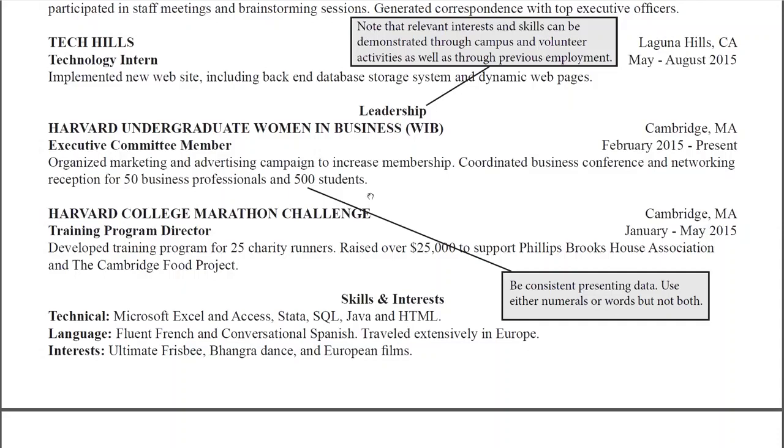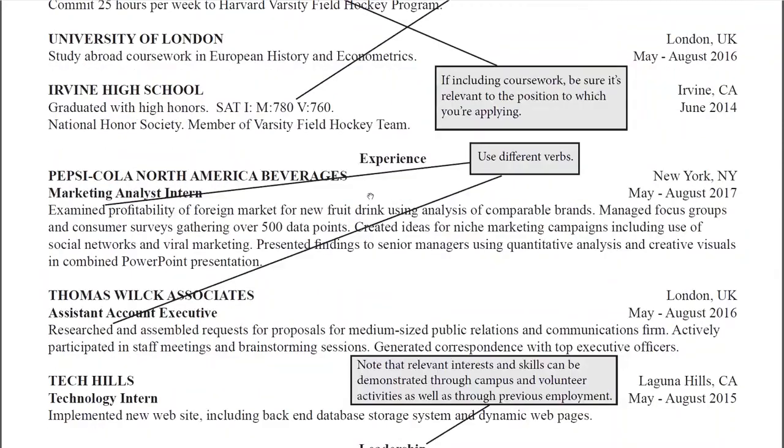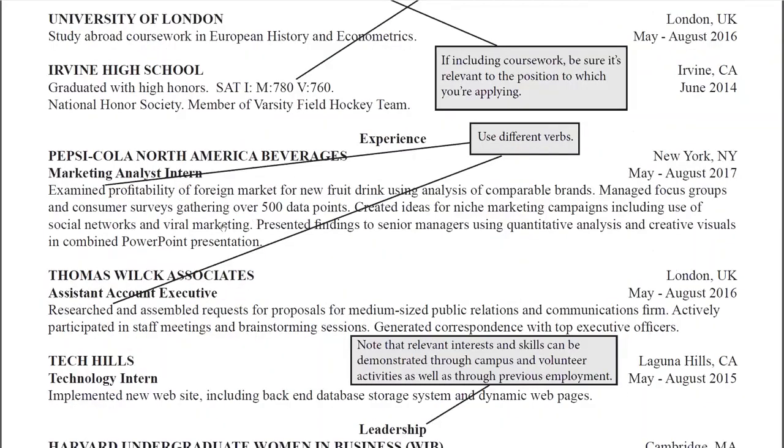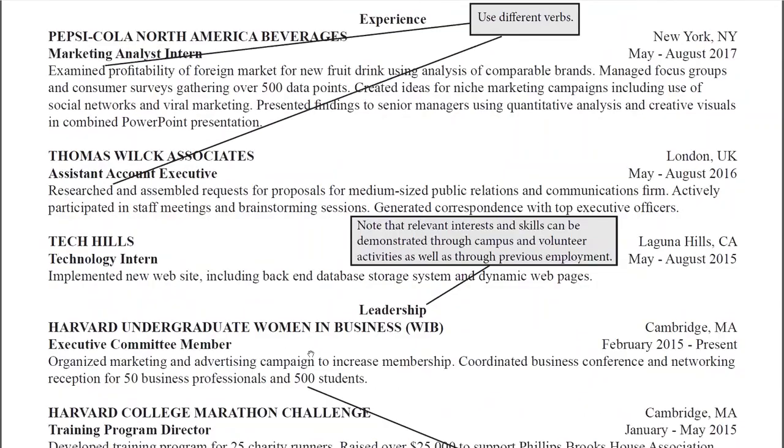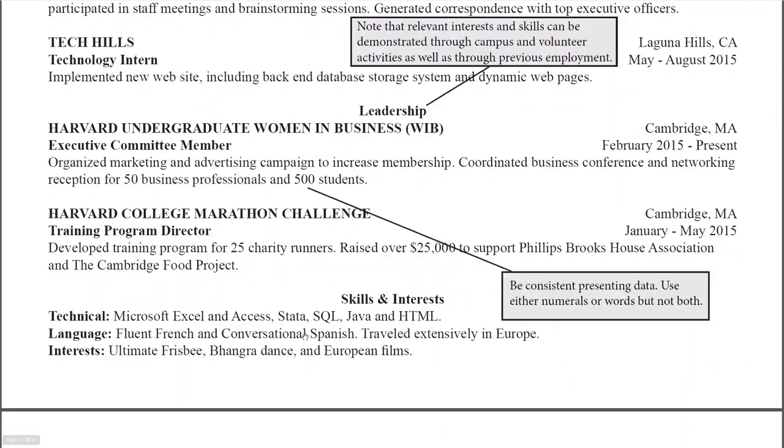So this is the key, that you have to be consistent with many of the things. If you are using bullet forms, for example, in the experience section, use bullets for all the experience section and for all of this as well, with leadership and all of this. But if you are using paragraph form, you can use paragraph form also.